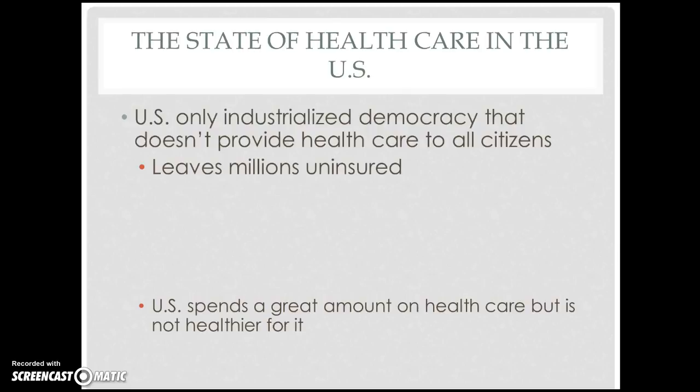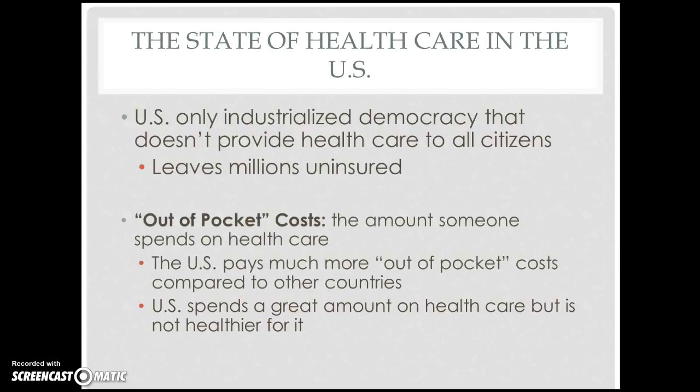When it comes to healthcare, the US is the only industrialized democracy that does not provide some sort of universal healthcare to all of its citizens. This often leaves millions and millions of citizens uninsured and unable to access healthcare. On top of this, even those who have health care still pay a large sum in out of pocket costs.